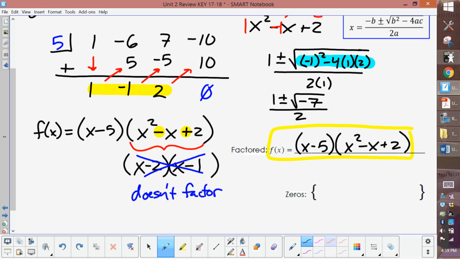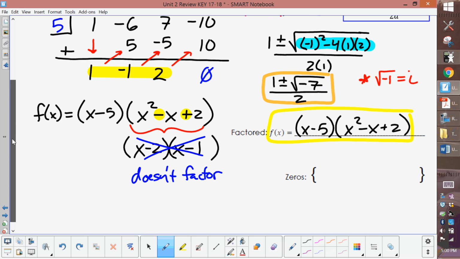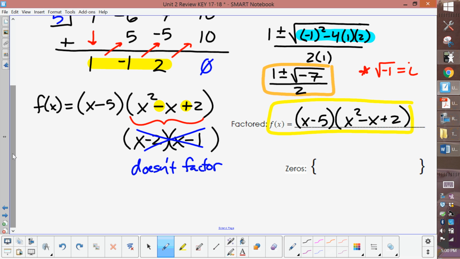Okay, and we know that we're not allowed to have negatives under the radical sign, unless we use imaginary numbers. And the imaginary number, a little side note here, we know that the square root of negative 1 equals i. So I'm going to pull that negative out. And my answer's down here. I'm going to leave it in radical form.